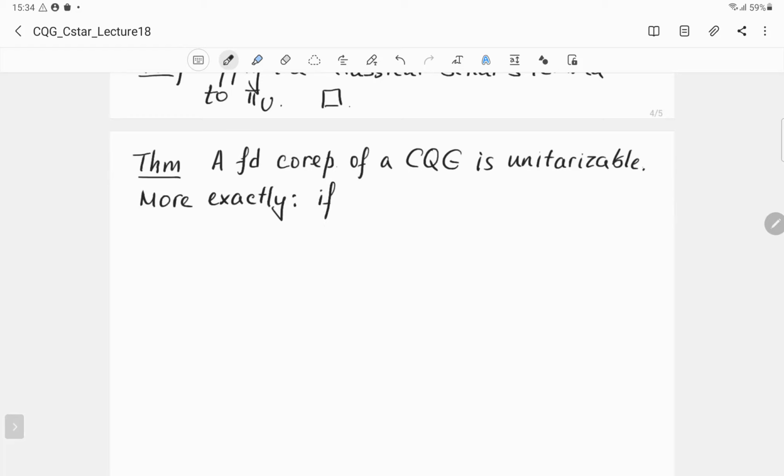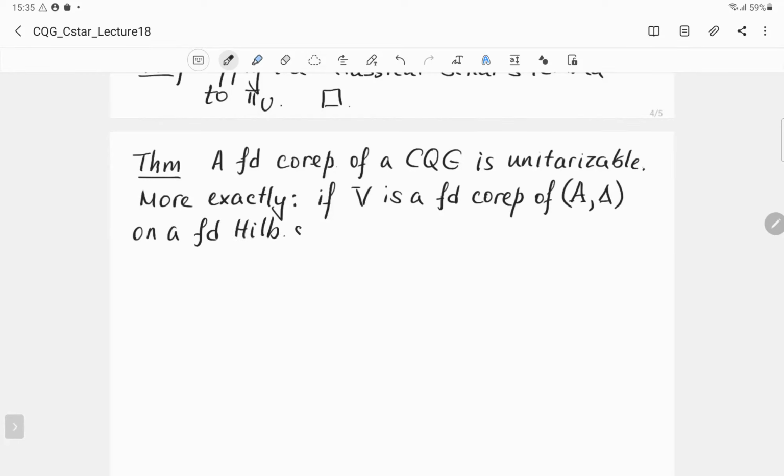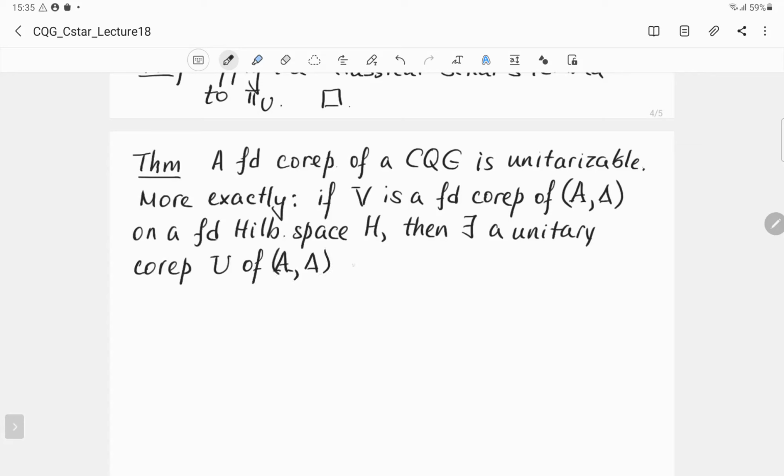If we have a finite dimensional co-representation, say V, of our compact quantum group A delta on a finite dimensional Hilbert space H, then there exists a unitary co-representation U of A on the same Hilbert space such that U and V are isomorphic.